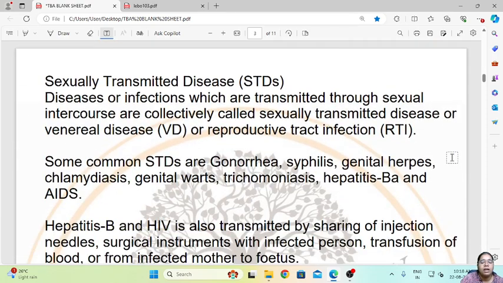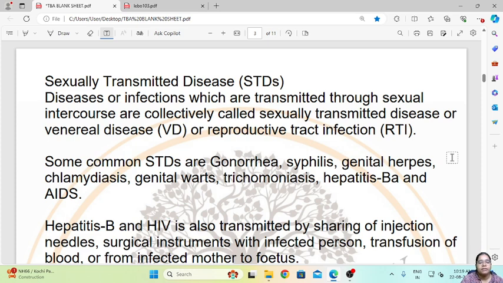So now let us see what are the different sexually transmitted diseases and how they are caused and prevented. STDs, that are sexually transmitted diseases or infections which are transmitted by sexual intercourse, are collectively called sexually transmitted diseases or venereal diseases or reproductive tract infections.